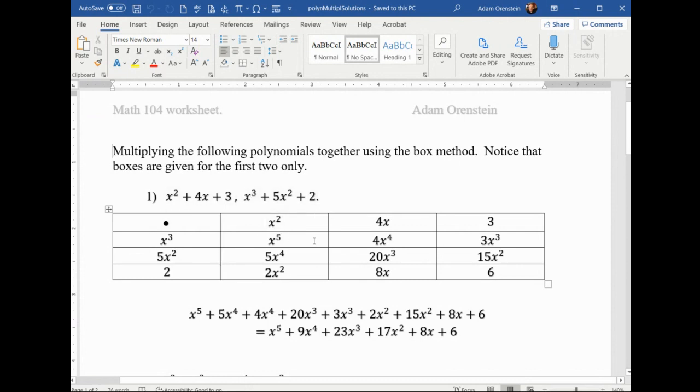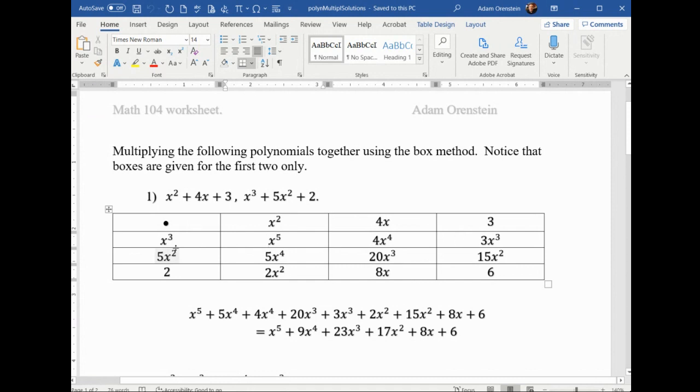And again, to get the entries in here, you just have to multiply the row and column term. So here you'll have the row times the column term. That gives you this. X cubed times 4x gives you 4x to the 4. X cubed times 3 gives you 3x cubed.